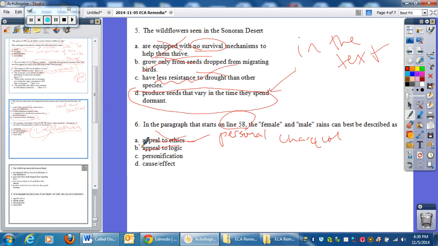No. So it's not logic. Okay? Is it cause and effect? No. So the obvious thing that should have set it apart is male and female rains. We're comparing rains to person-like features, and therefore it is personification. You need to know that term if you want to be successful on the ECA.